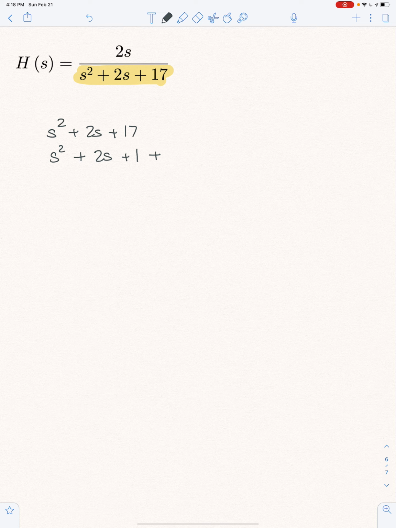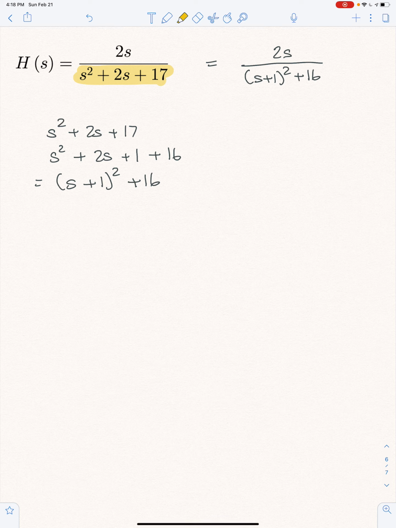So I'm going to break this up as s squared plus 2s plus 1 plus 16. And that means, whoops, not s squared, means s plus 1 squared plus 16. That looks like a shifted denominator with a sum of squares. So I'm thinking sine or cosine probably. This is 2s over s plus 1 squared plus 16.